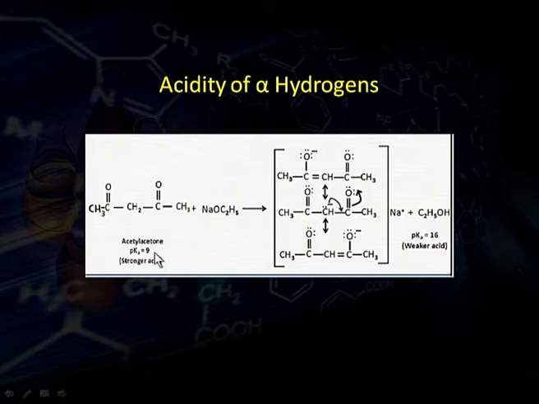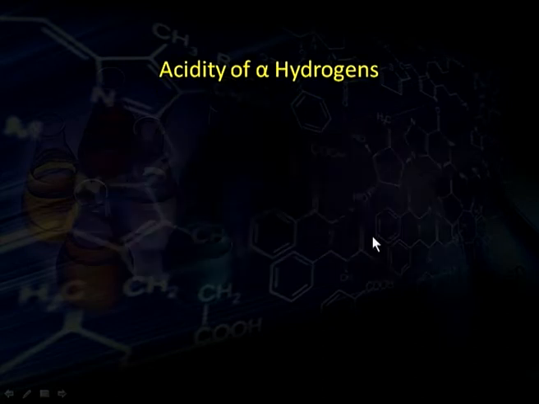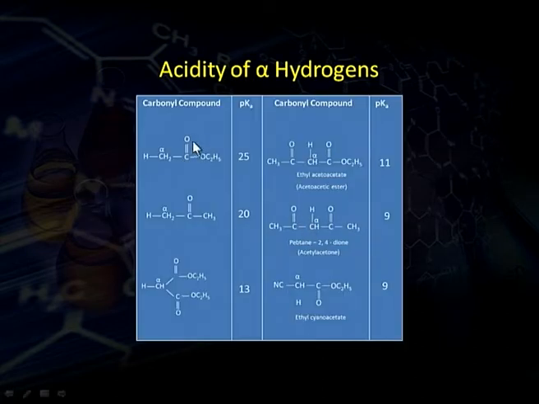Lower the pKa value, stronger is the acid. So, this is a stronger acid as compared to ethanol, and the reaction moves in the forward direction. In the case of carbonyl compounds having only one carbonyl group, the alpha hydrogen is less acidic and has a pKa value of 25, like in this case.